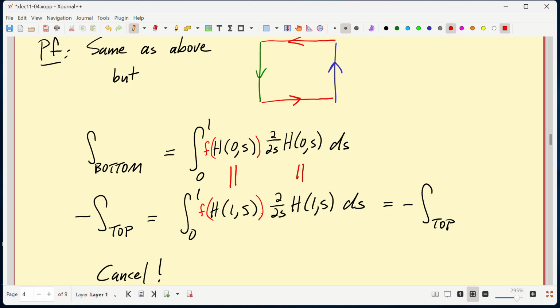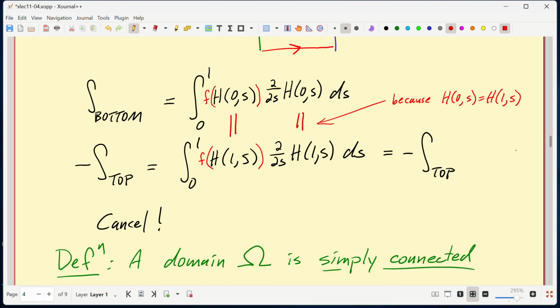Because those things are equal at the endpoints, at t equals 0 and t equals 1, their derivatives with respect to s are equal. So this equality is because h of 0,s equals h of 1,s. So of course when I take d by ds, that's the same. And so when I add those up, the bottom's going to cancel the top. So they cancel, and the left and the right ones are exactly the integrals I want.